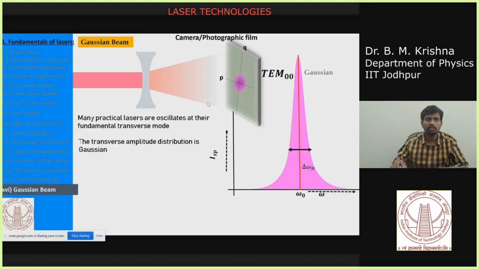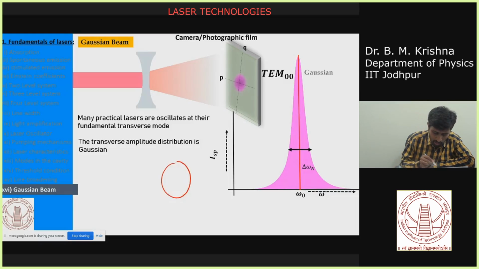If you take any radial distance from the center and go along any direction, you can see the Gaussian beam in 3 dimensions. Whatever I am showing here is a 2D plane, but in 3D, you go in any direction, like you assume a sphere. When you have a sphere, from the center you go in any direction, and it follows the Gaussian distribution.